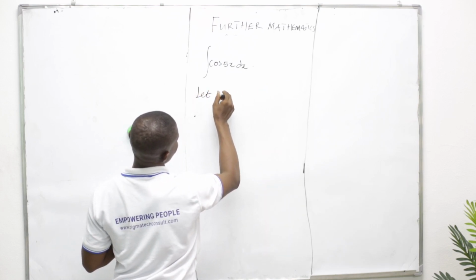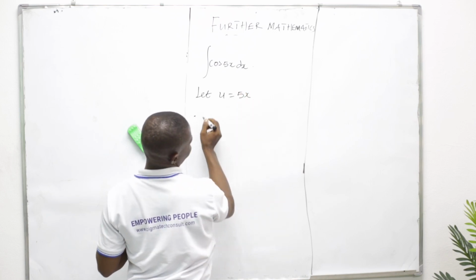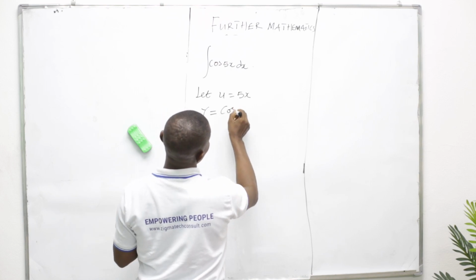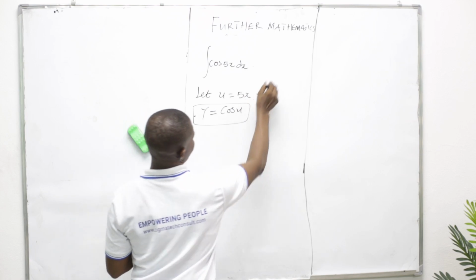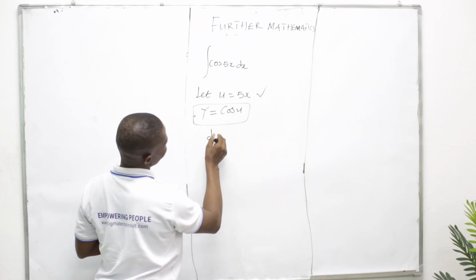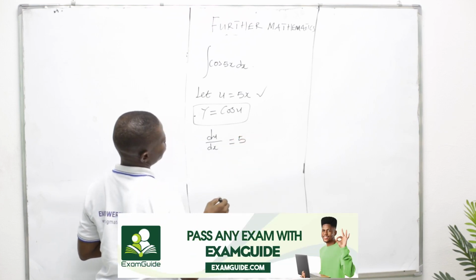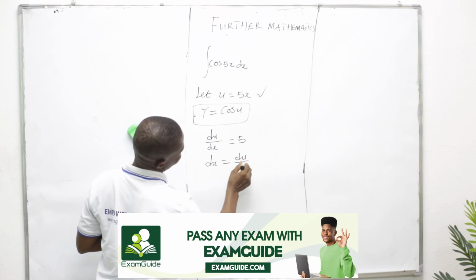As usual, let u equals 5x. From your differentiation, you know that y is going to be cos u, but this is not what we are dealing with. So our concern is here. So du over dx equals what? 5. dx equals du all over 5.